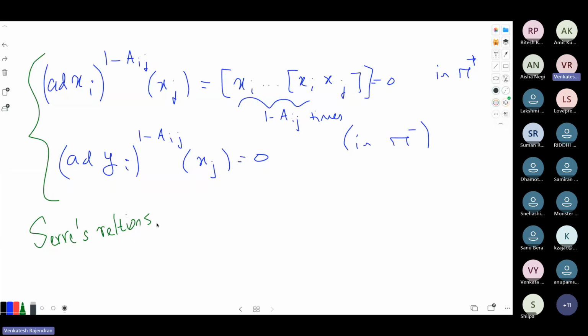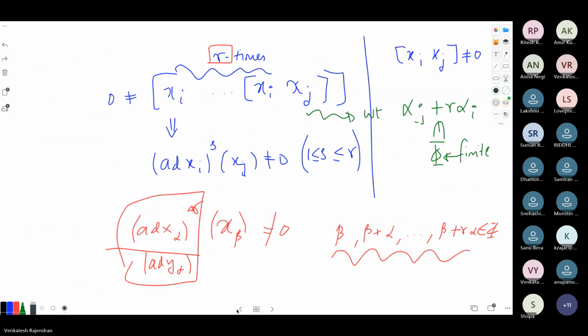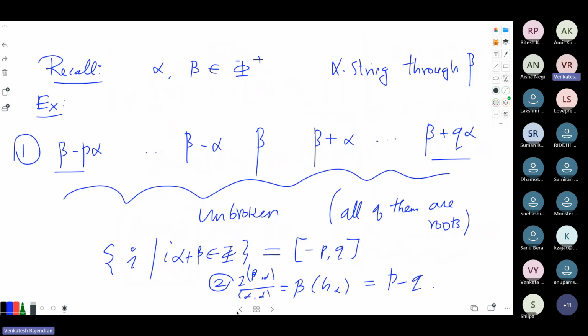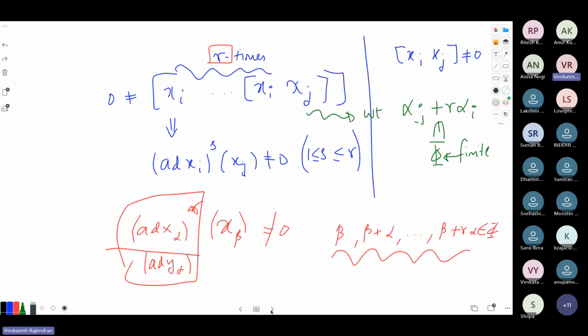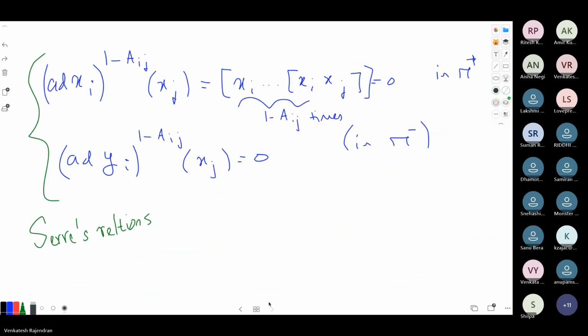You take these together with the basic relations that I wrote before. Let's call them R1, R2, R3, R4, and then you have R5, R6.